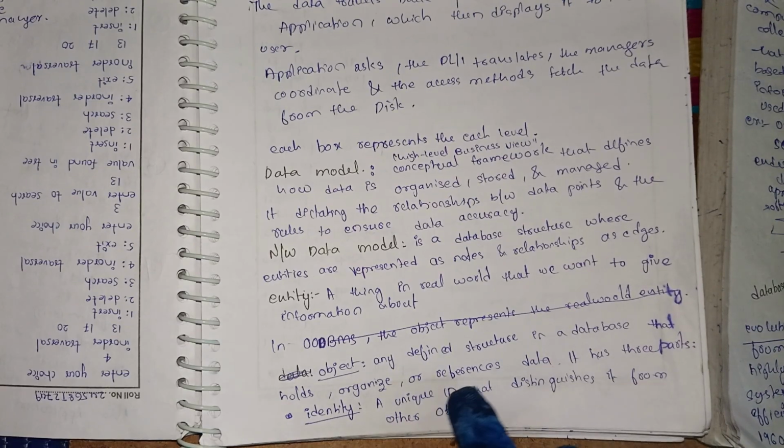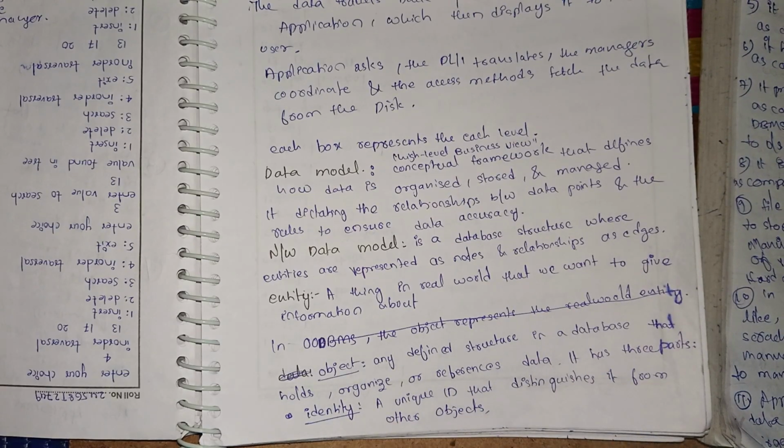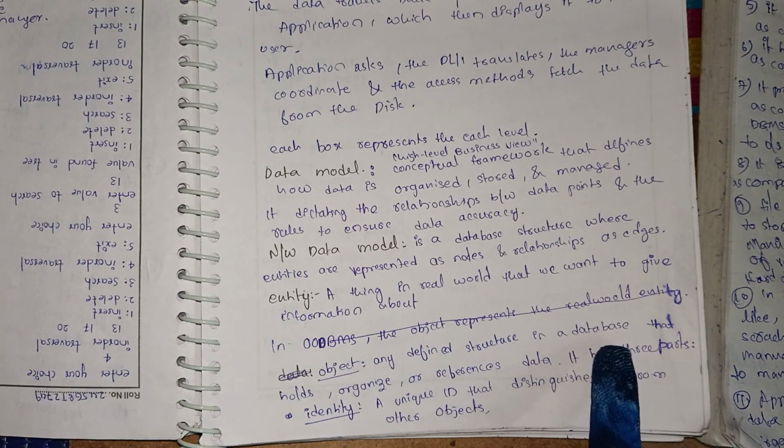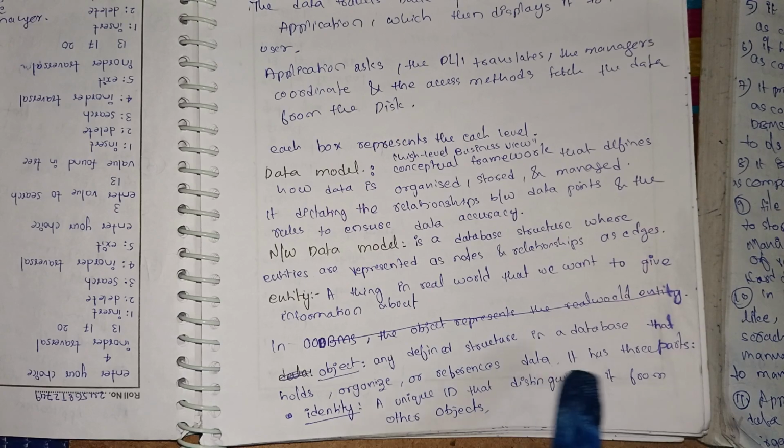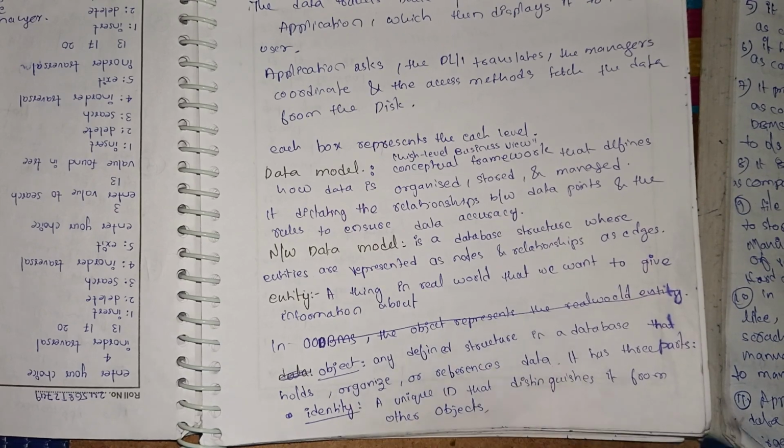It has three parts. Identity: a unique ID that distinguishes it from other objects.